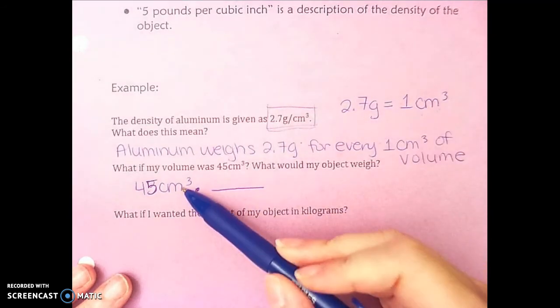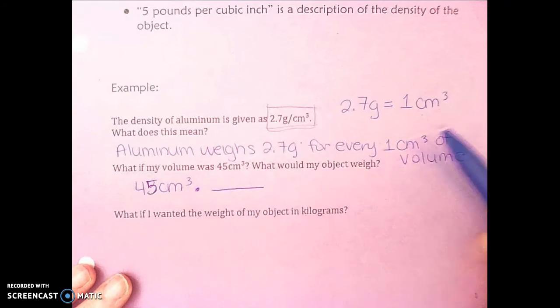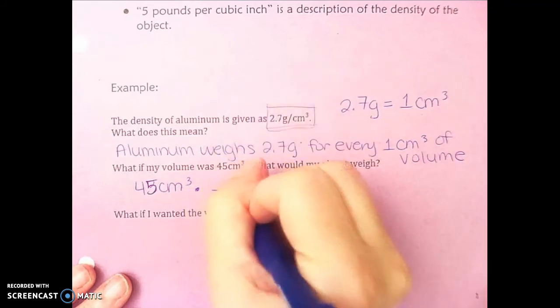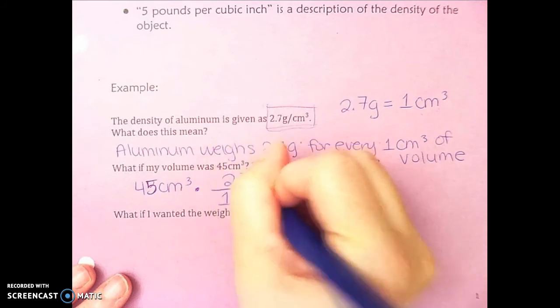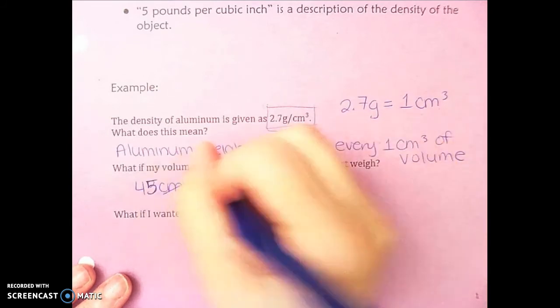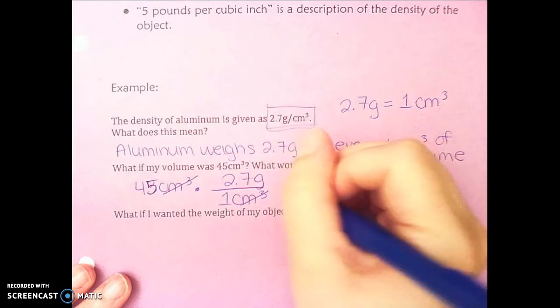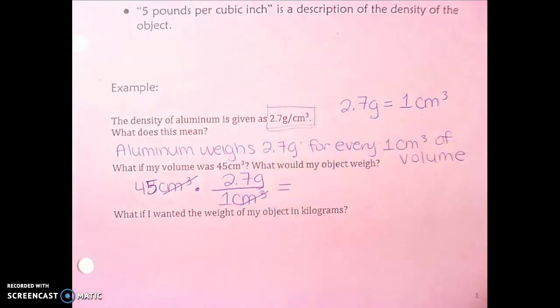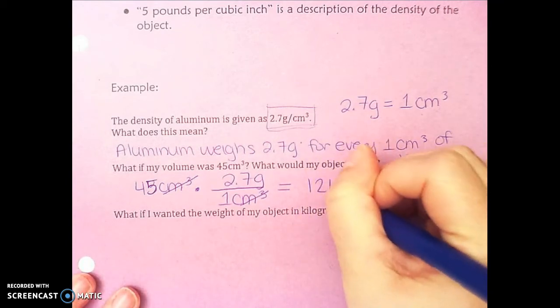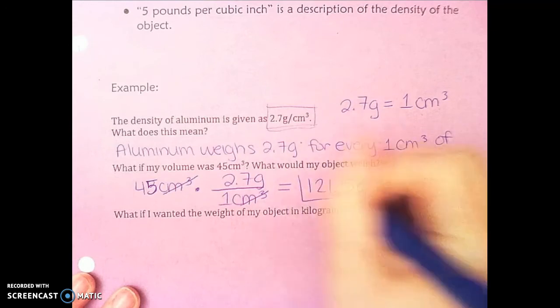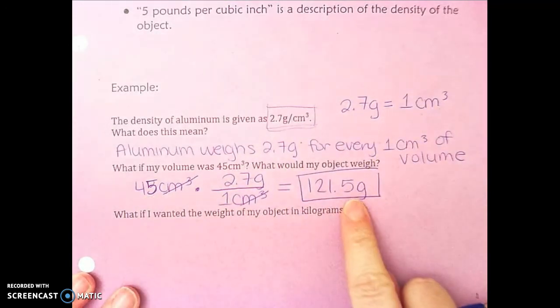If I have centimeters cubed on top here, I'm going to want centimeters cubed on the bottom and my 2.7 grams on top. So my centimeters cubed here is going to reduce with my centimeters cubed. My answer is going to be in grams. So multiplying that, I'm going to get 121.5 grams. So again, given a volume, I was able to find a mass or a weight.